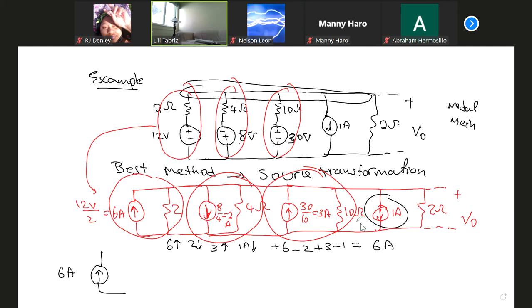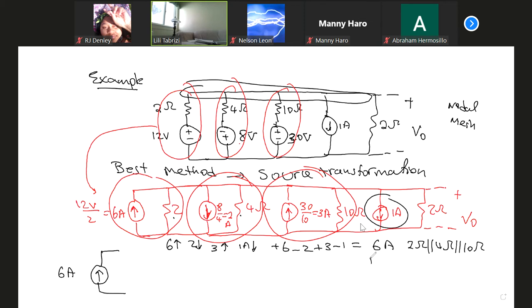The 4 sources become 1. Now I have, don't touch the 2 ohm at the end, I have 2, 4, and 10 in parallel. So I have 2 ohm in parallel with 4 ohm in parallel with 10 ohm. Let's find it.